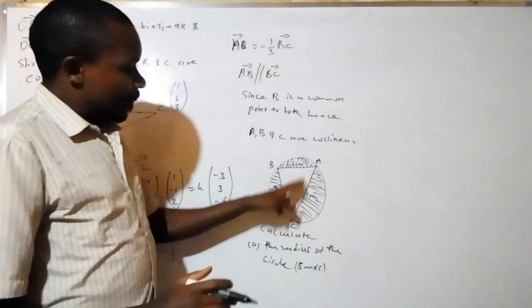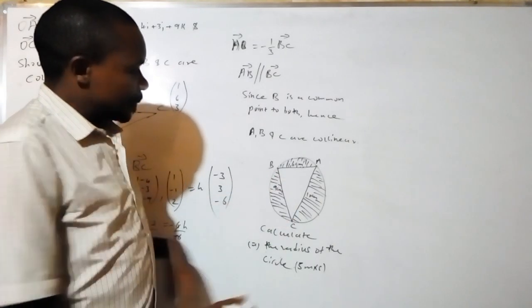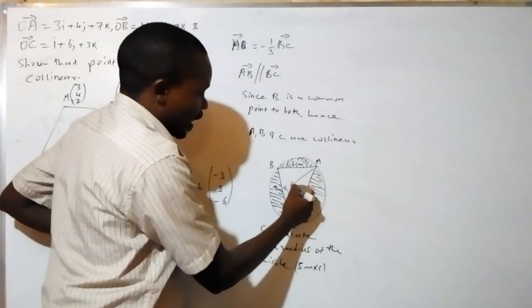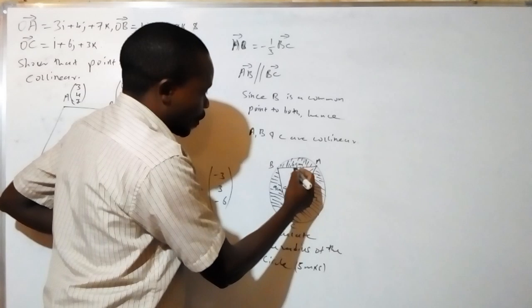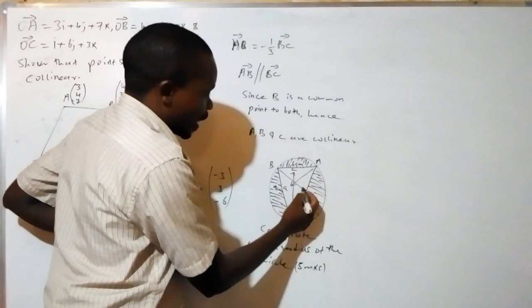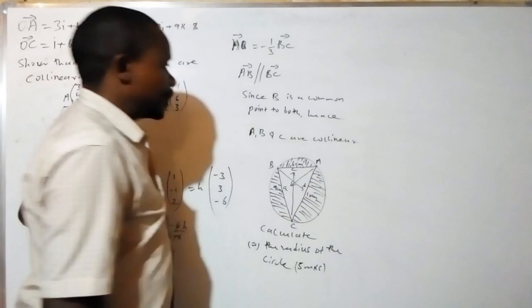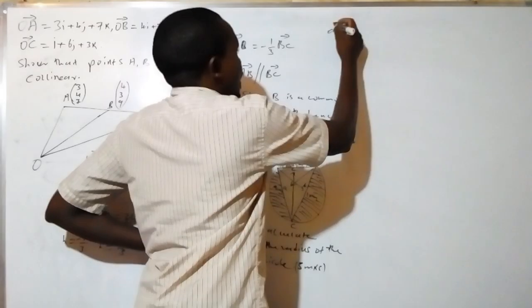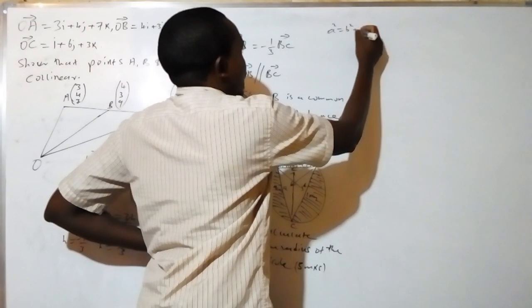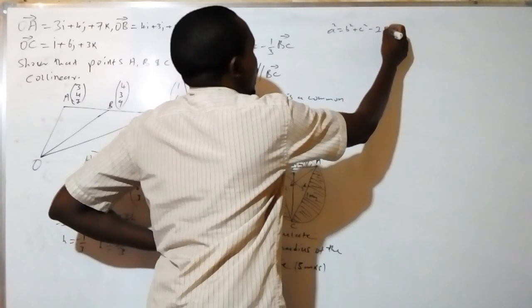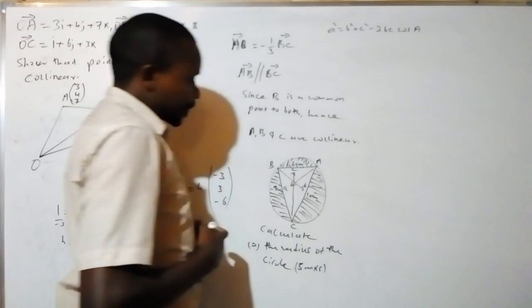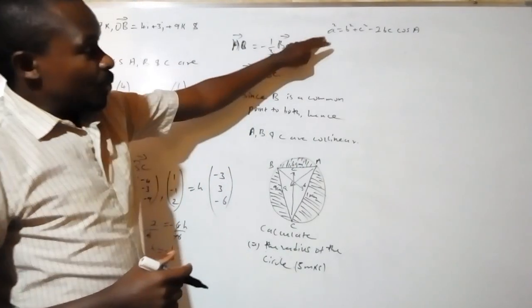Capital A goes with opposite small a, C with small c, and B with small b. The cosine rule: a squared is equal to b squared plus c squared minus 2bc cos A.